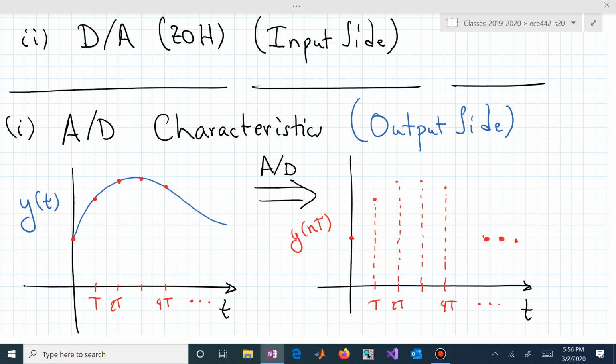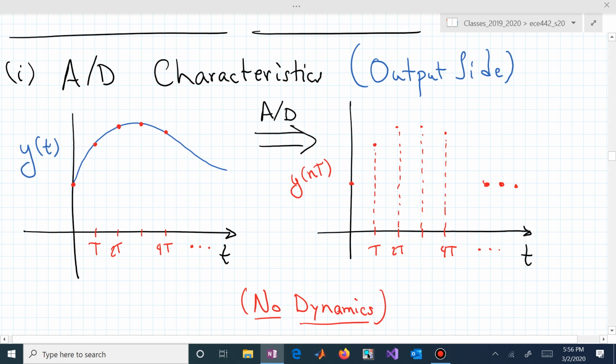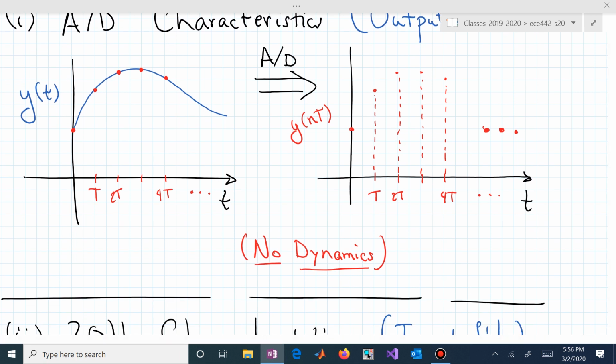Let's say at capital T, it's now 7.2. What is it at the digital side? 7.2. Is there anything going on? No. There's no dynamics, and for that reason, there's no memory.